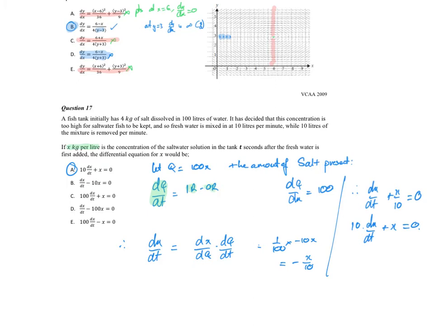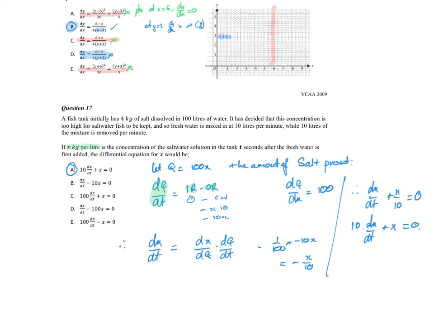So the rate of change of the salt, I should say. The input rate is 0 minus, so it's the concentration times the volume, isn't it? Which is minus the concentration, which we said was x, times the rate at which it is leaving, which is 10. So dQ/dt is minus 10x.